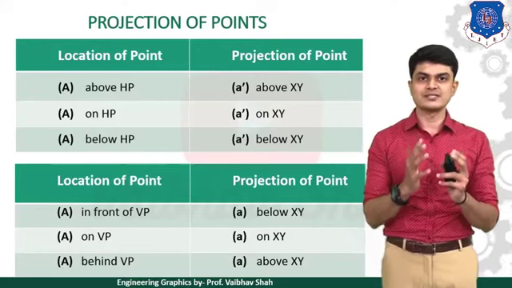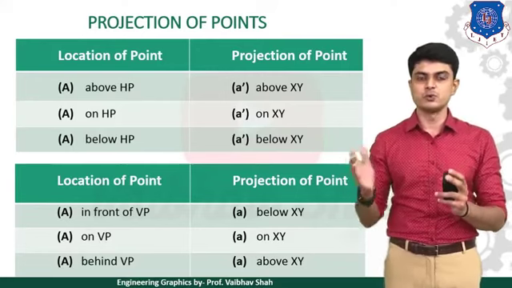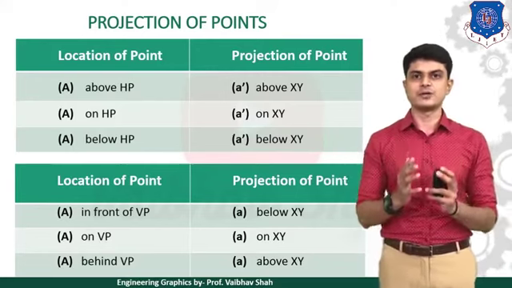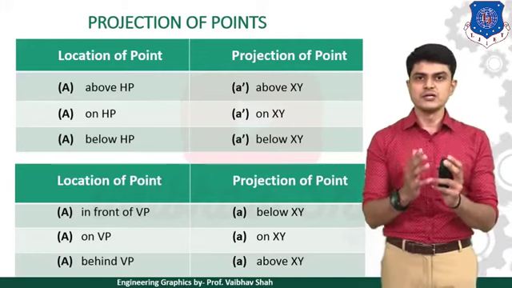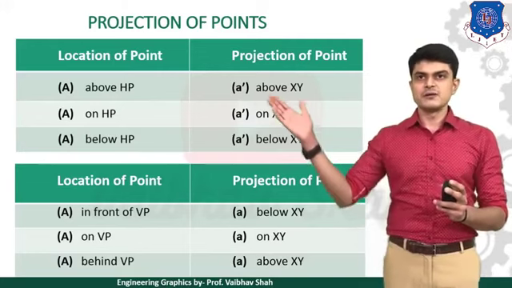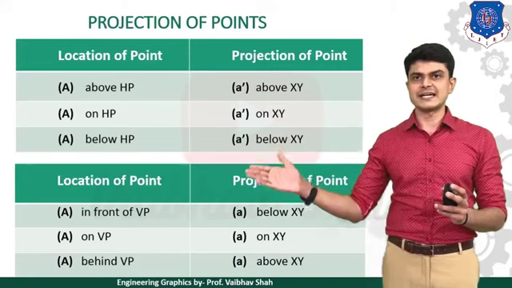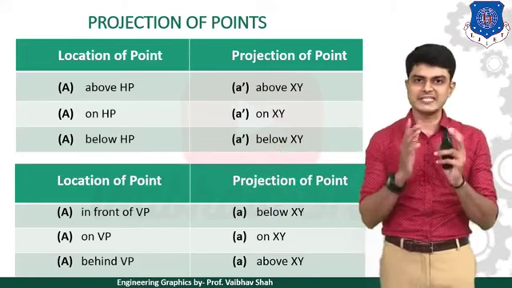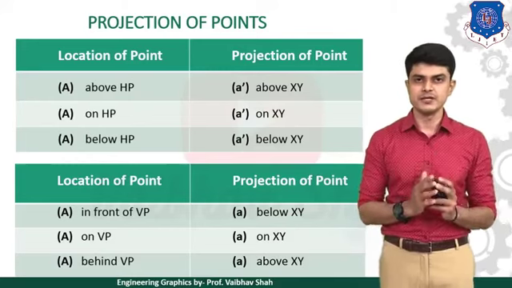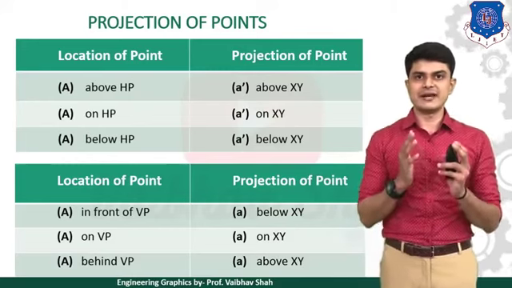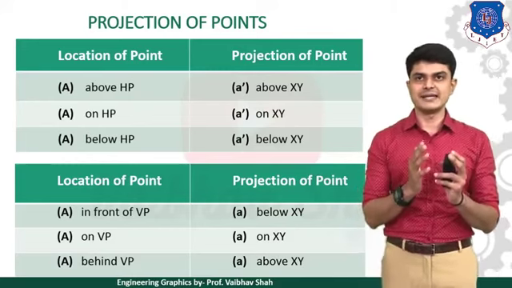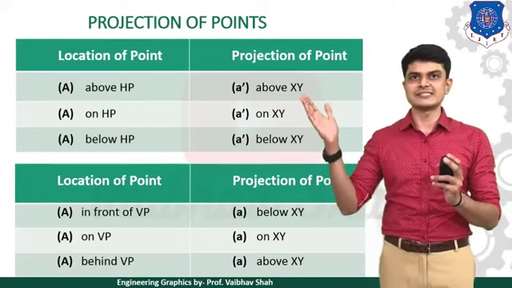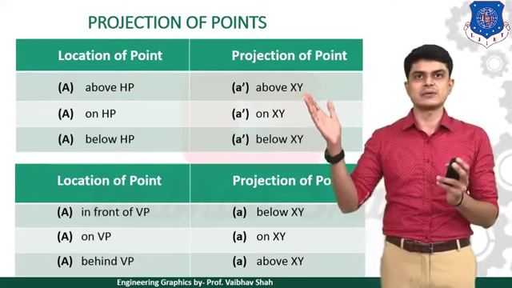So now let us try to understand this table first. We have a total of two tables. These are nothing but your projection of points tables. The first table is with respect to HP, as you can see, and the second table is with respect to VP. Now, whenever in your examination the problem says that your point A is above HP, your answer would be directly point A dash above the XY line.